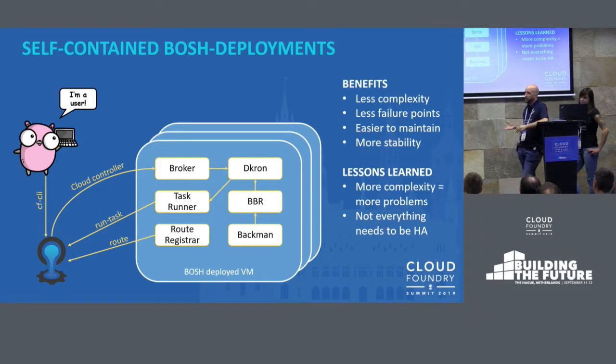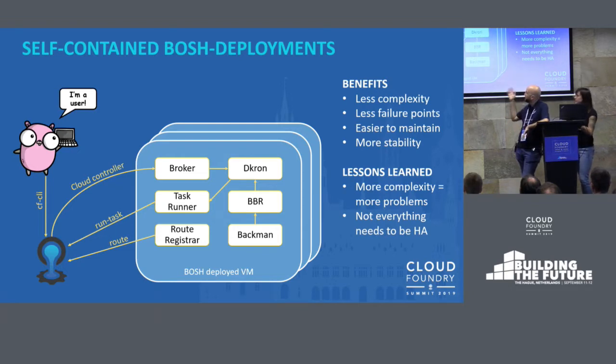It's basically one deployment with just one single instance group of VMs, and everything is co-located within. It has a service broker on this VM, the distributed cron backend. It has the task runner, which interfaces with Cloud Foundry to run tasks, also co-located. It has BBR scripts for doing backups.